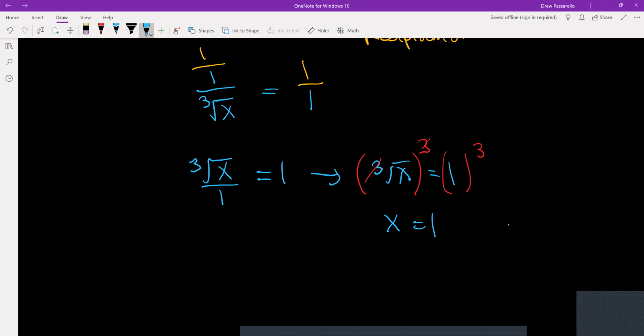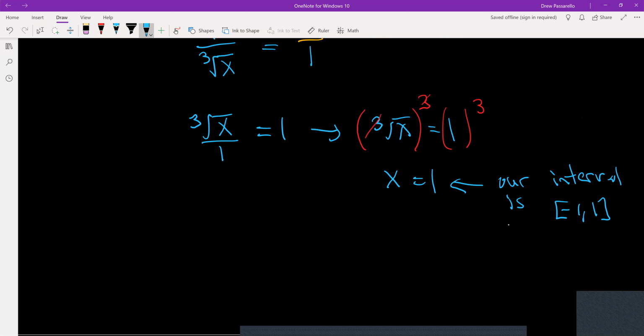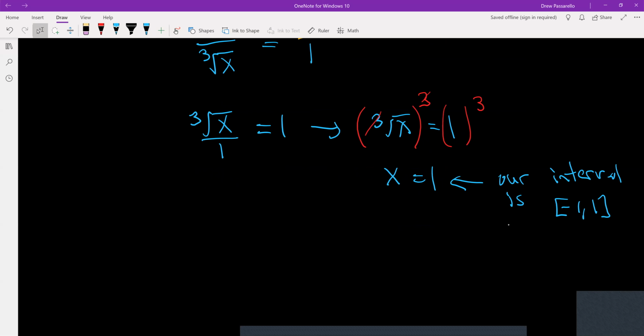Now keep in mind, our interval is negative 1, 1. And 1 is an endpoint.